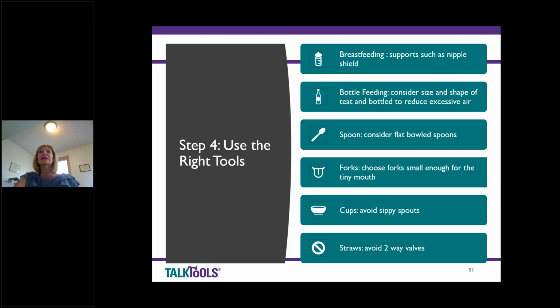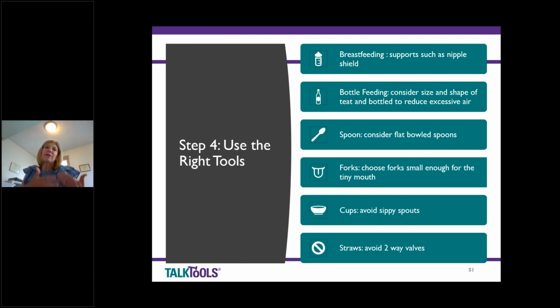Bottle feeding, we want to consider the size and shape of the teat to reduce excessive air, okay? Dr. Brown's, for example, is a very popular bottle system, has really nice bottle teats. However, if baby is breastfeeding, they have all these teats that are just like the mother's nipple.